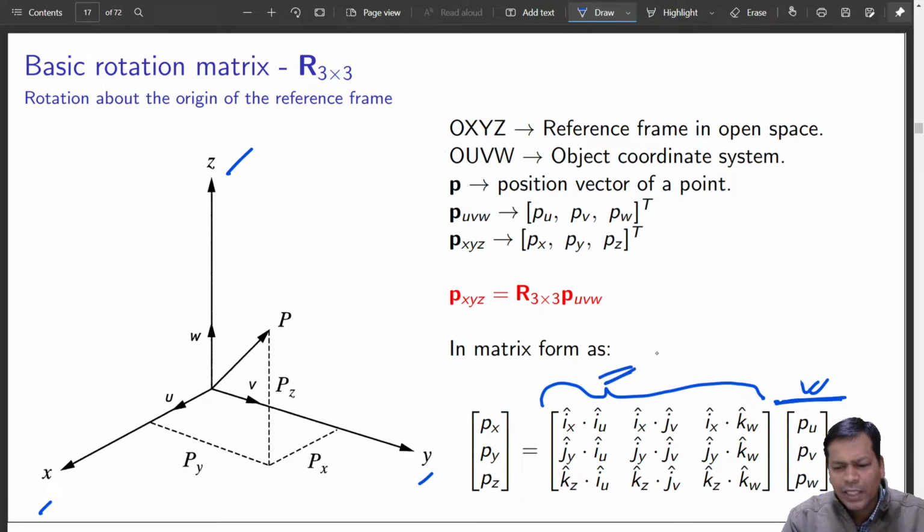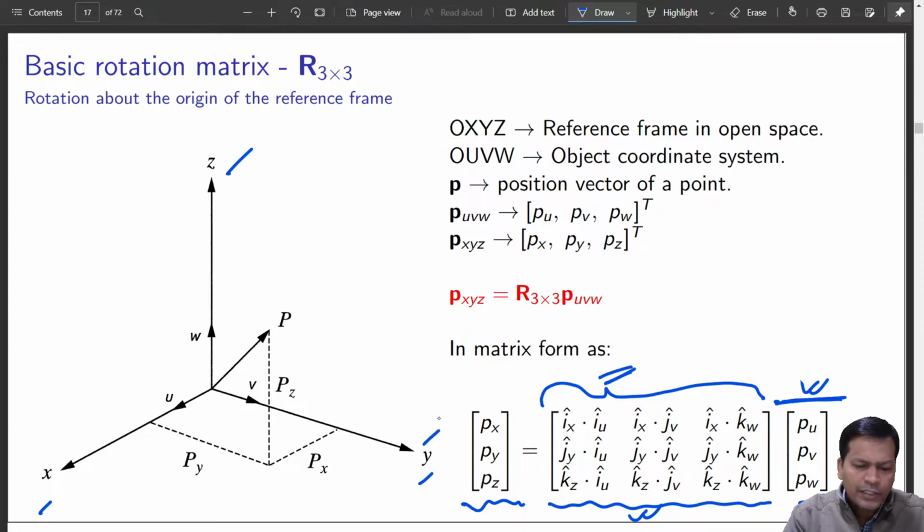It looks like this. I won't go very much deeper into it, rather I'll just explain how this works. So this is your initial frame, you apply a rotation matrix, you get the new coordinates of the PUVW frame with respect to x, y and z. So this is how.